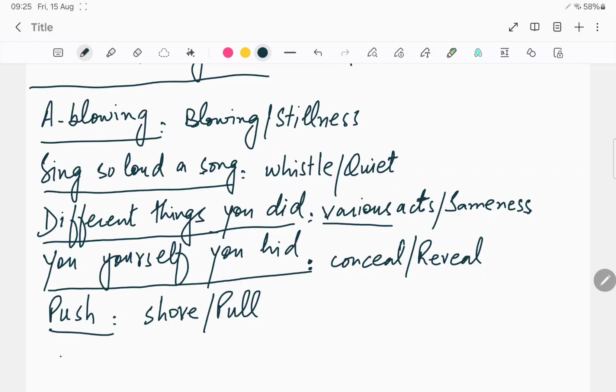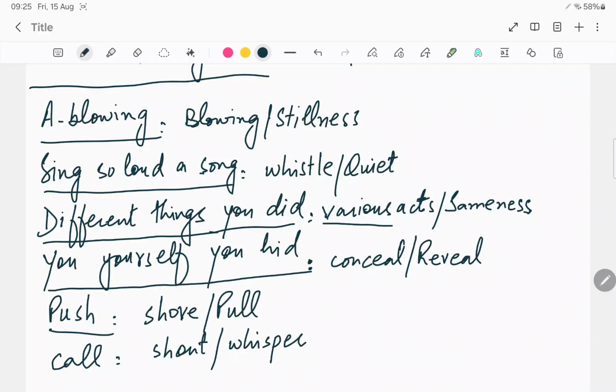And the next word that we can discuss is the word call, which means to address or to shout. And what can be the antonym? Obviously shouting is a little louder, and if you say something in a gentle voice, that would mean a whisper.